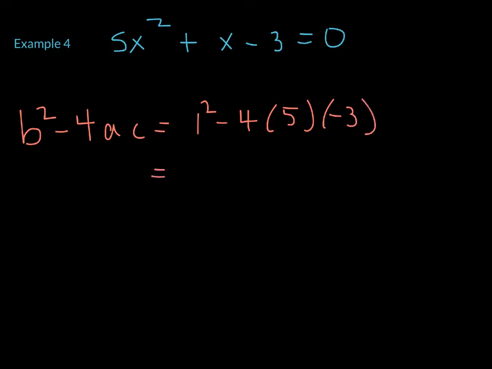So I got 1 plus 60, which is equal to 61. Because the discriminant is positive, we know there will be two solutions, and these two solutions will be real numbers. All right, very good. That's what the discriminant is helpful with. It describes the nature of our solutions.